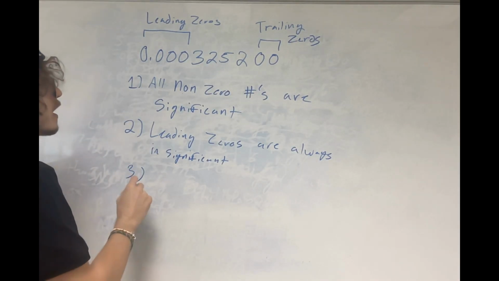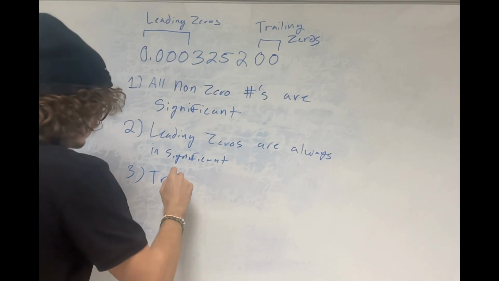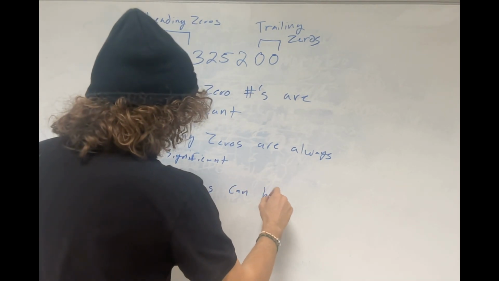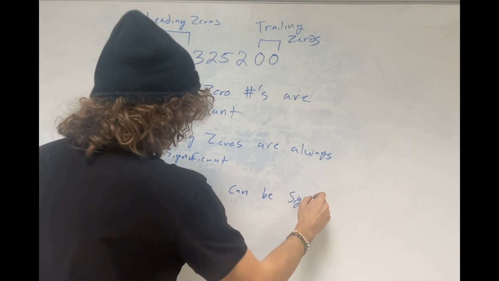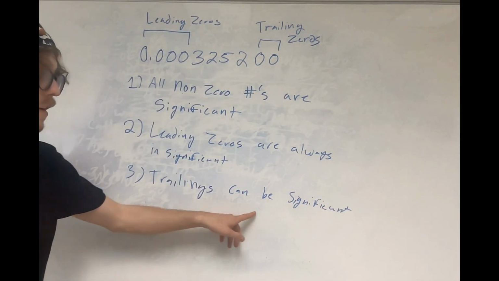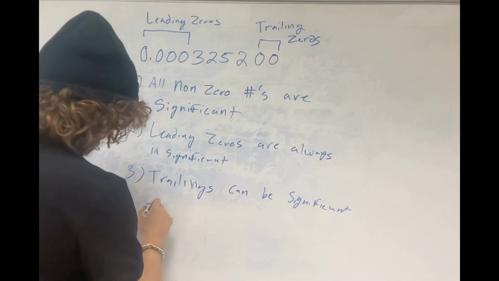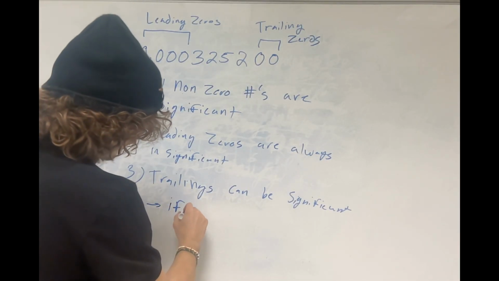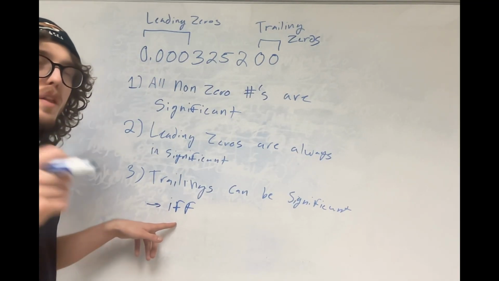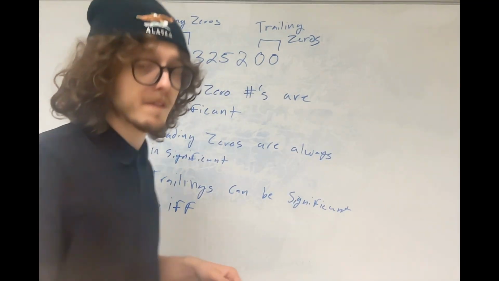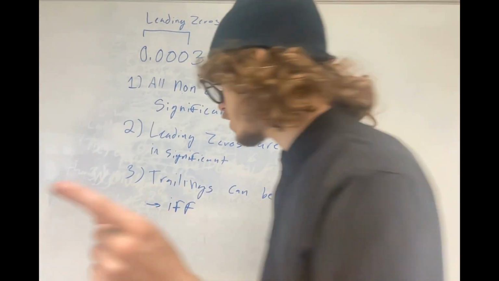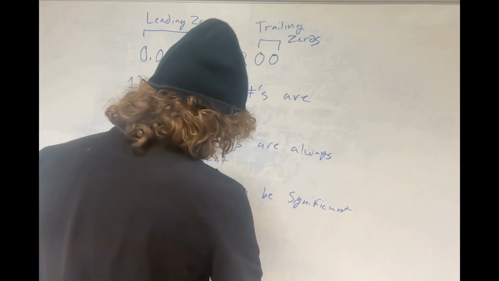But number 3 is that trailing zeros can be significant. All right, so trailing zeros can be significant. And I'm going to use this term quite a bit. When you see iff with another F, it means if and only if. So trailing zeros can be significant if and only if there's a decimal point.